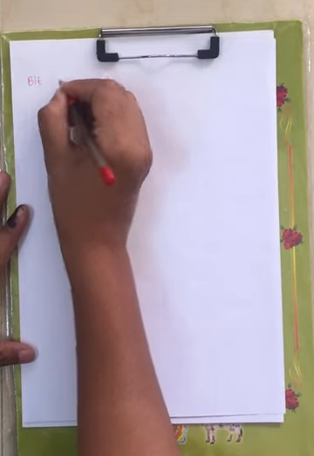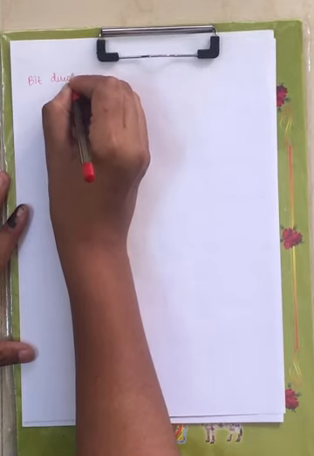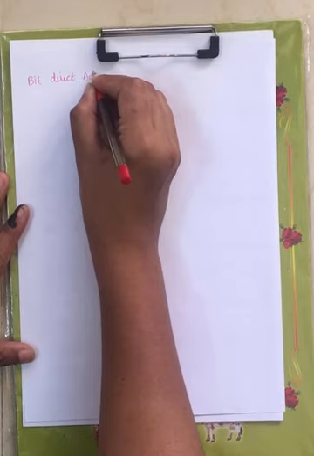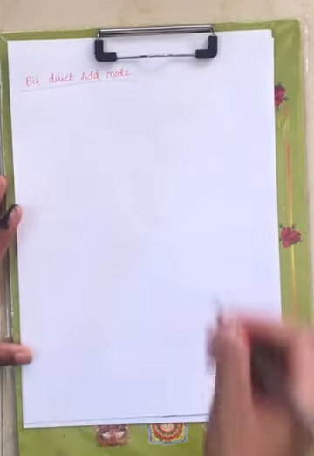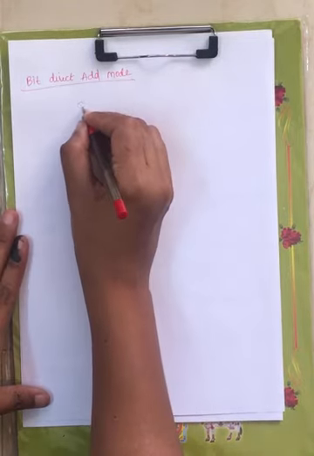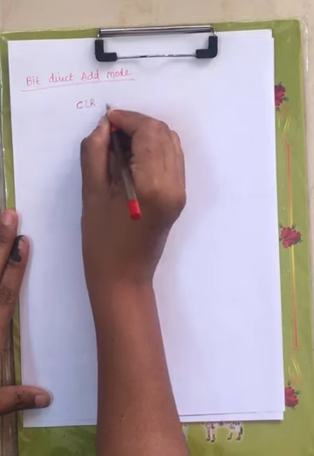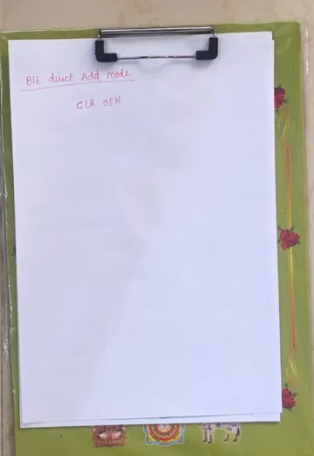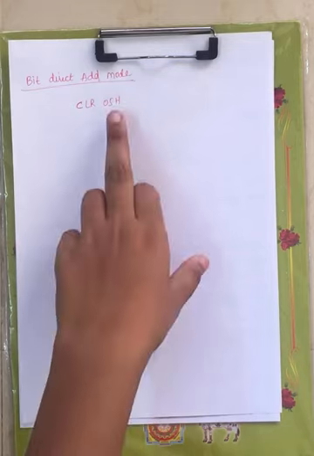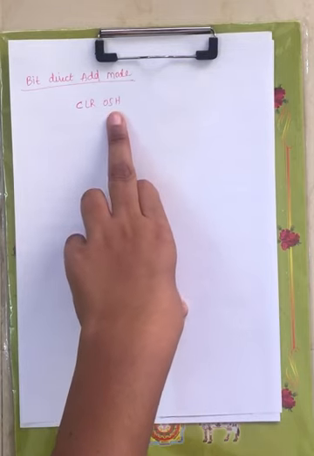Next we have bit direct addressing mode, right. The direct address is specified within the instruction.